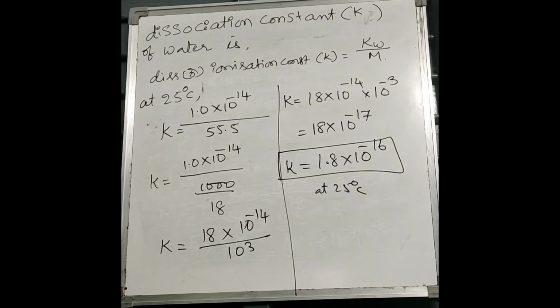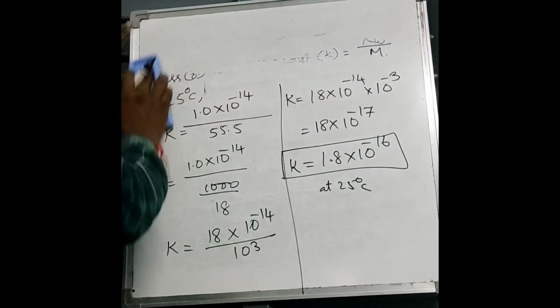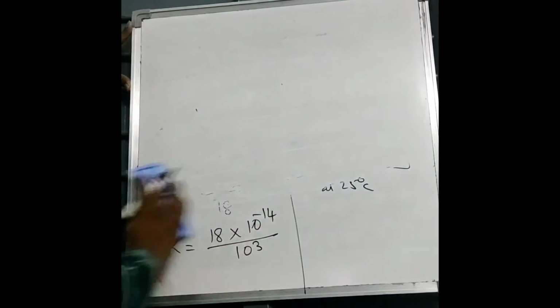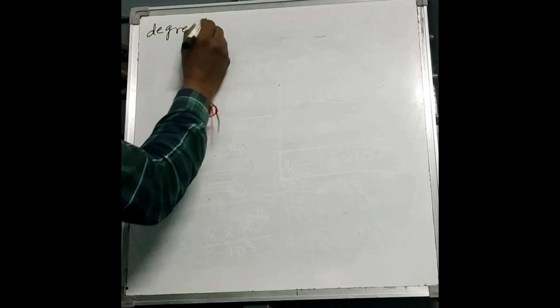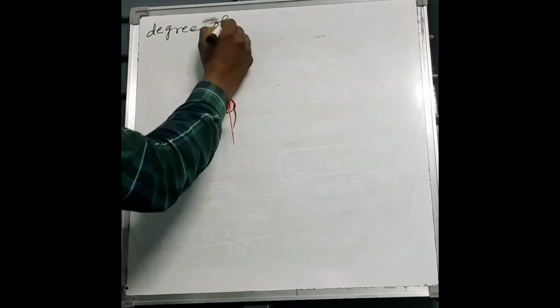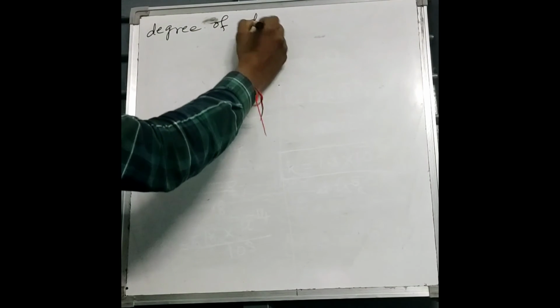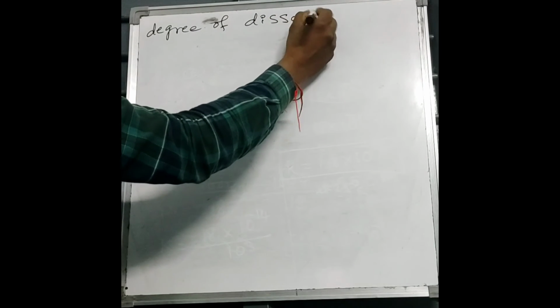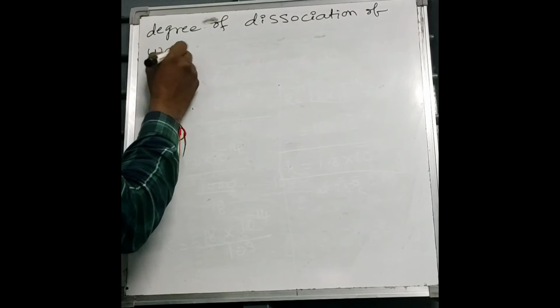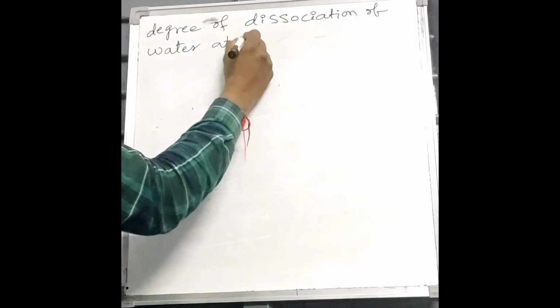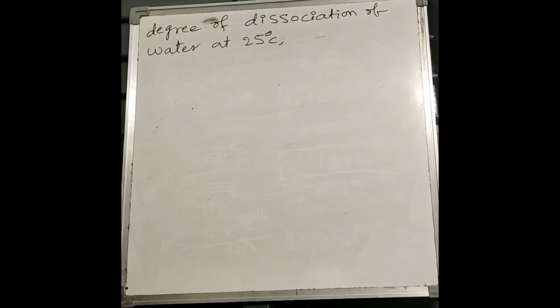And the next one is the degree of dissociation of water. Next we are going to calculate the degree of dissociation of water at 25 degrees centigrade.